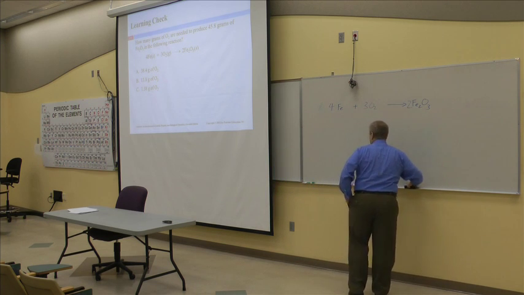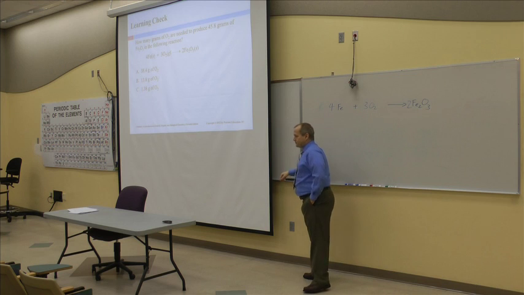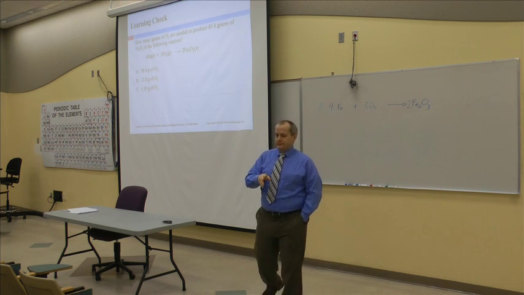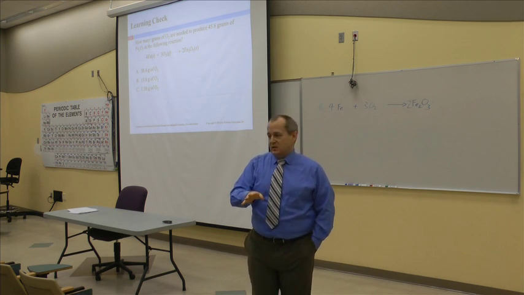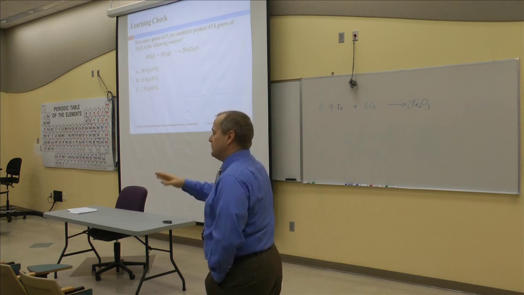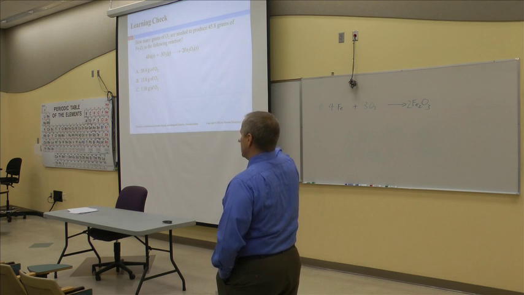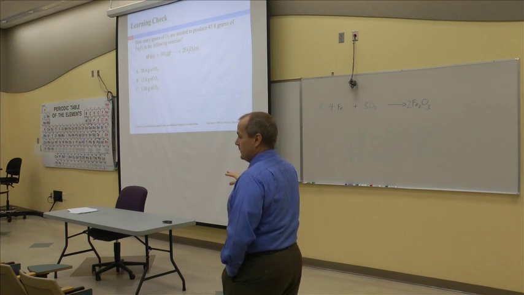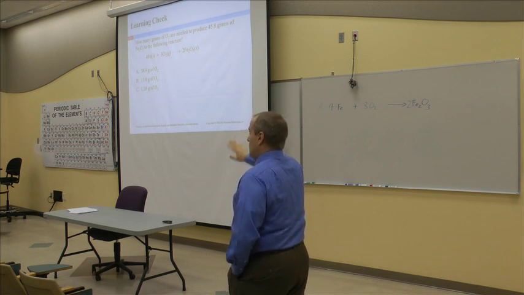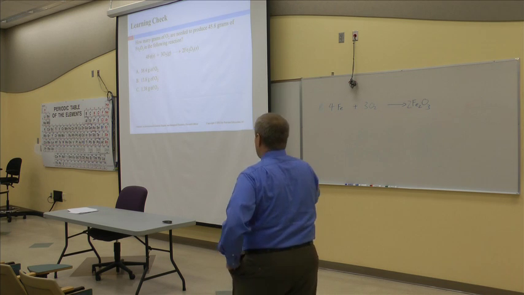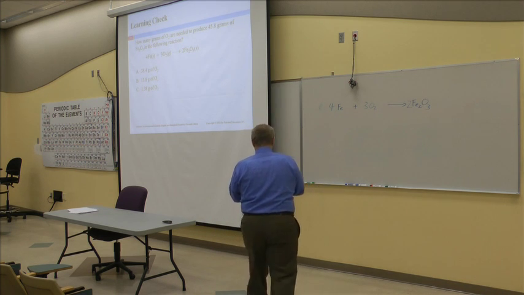Now, the first thing I would do is set up a table. Tables are nice. Why? Because tables help you keep track of all of the information. The most common mistake in these questions is losing track of where you are, or not knowing where to go. And I'll show you how the table can tell you all of that.